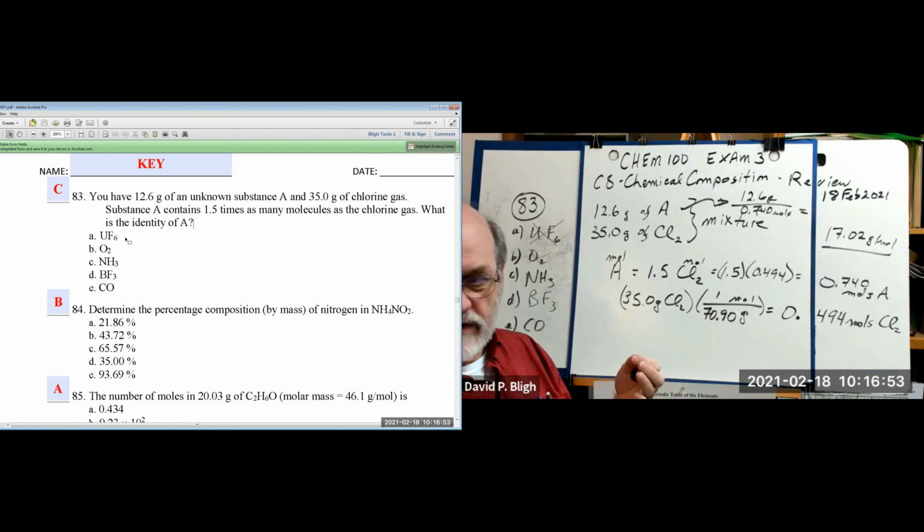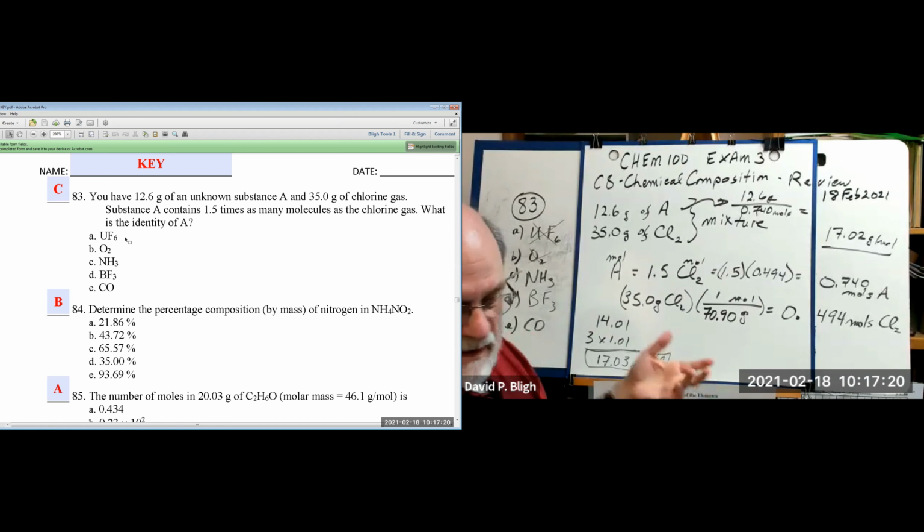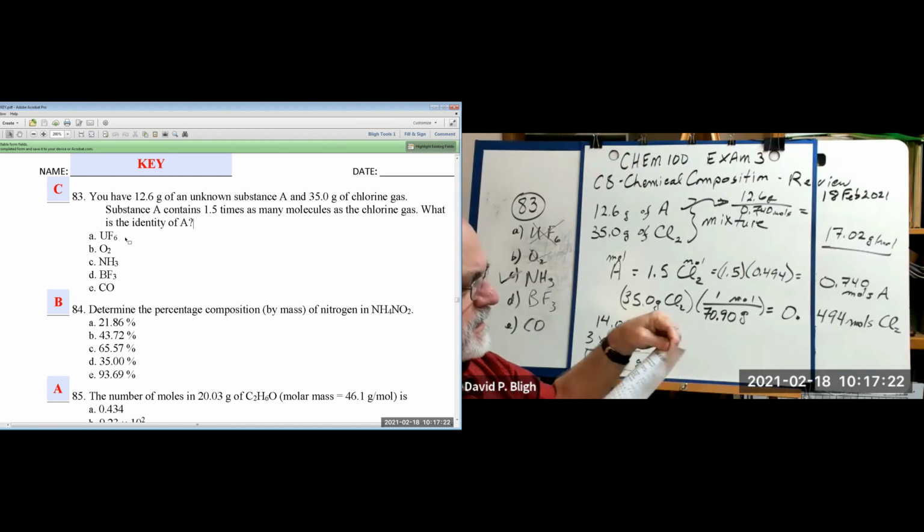Ammonia, 14.01 for nitrogen, and 3 times 1.01 for hydrogen. So that's 17.03. We have a winner. That's the one. If you look at the others, boron is 10.8, so that's not over.